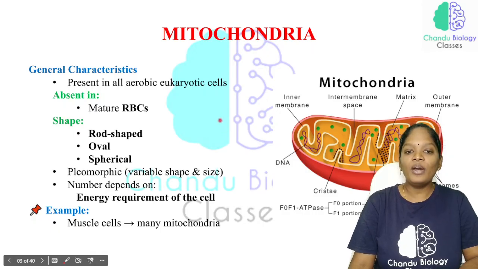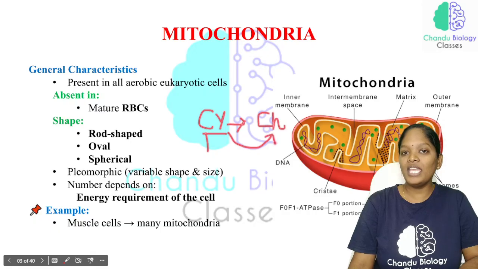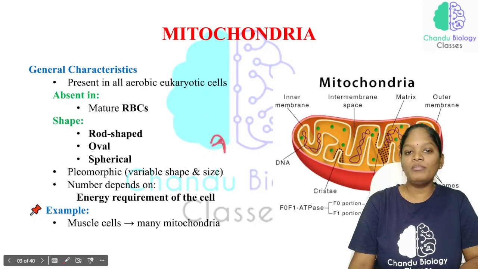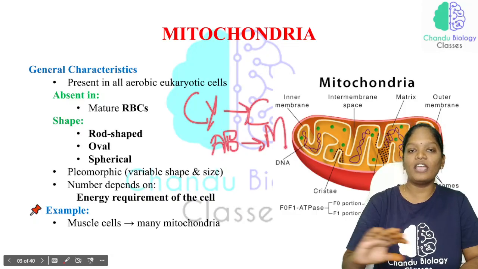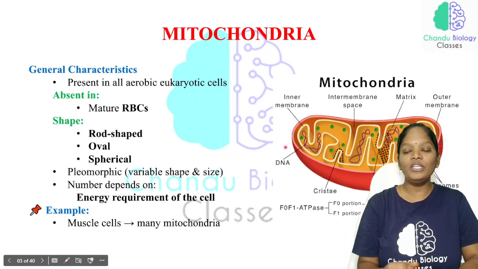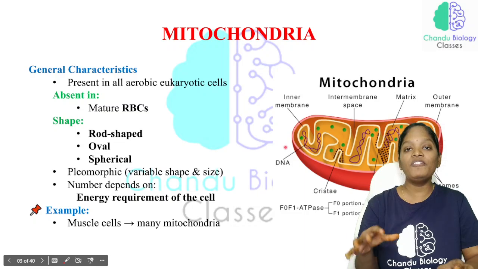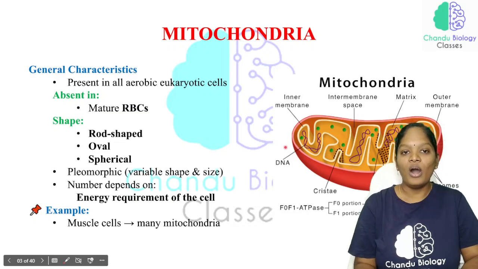Now this cyanobacteria, which is responsible for photosynthesis, evolved into the chloroplast, and the aerobic bacteria evolved into the mitochondria. As time went on, this mitochondria and chloroplast became fixed within that particular organism.